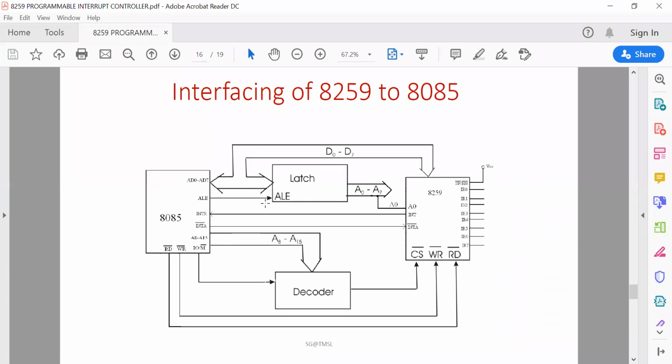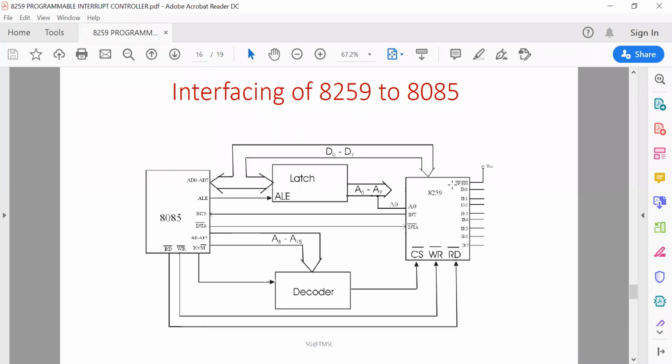The other data lines are not connected, because the 8259 has only an 8-bit data bus, it is not connected for any 16-bit data bus. So it is an 8-bit compatible data bus.